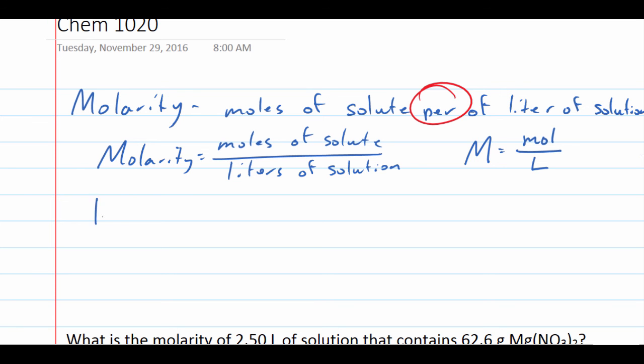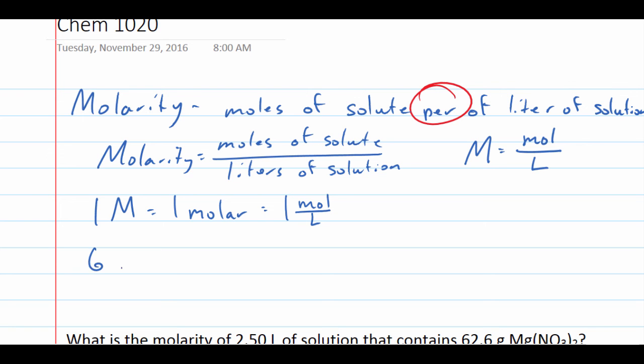For example, if we saw a 1 with a capital M following it, we read it as a 1 molar solution. Not 1 molarity, but 1 molar. And it stands for 1 mole per liter.